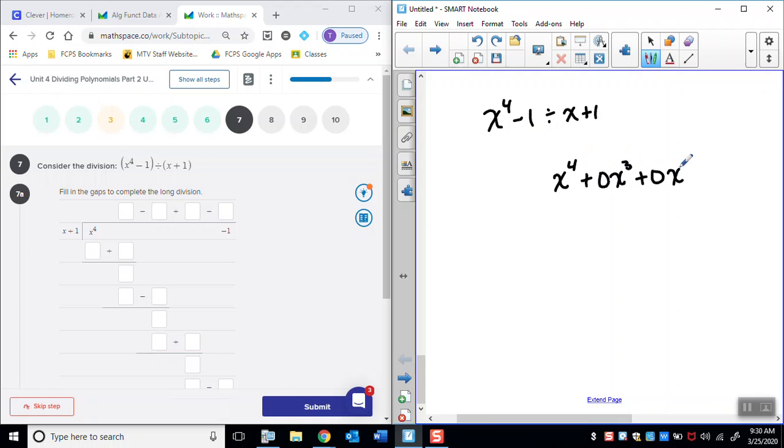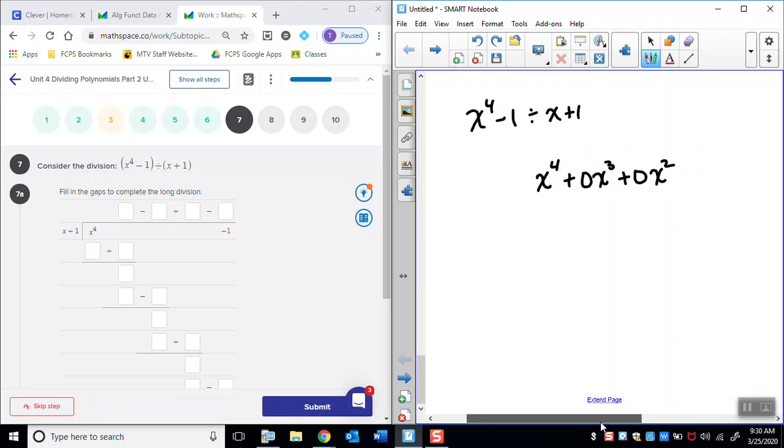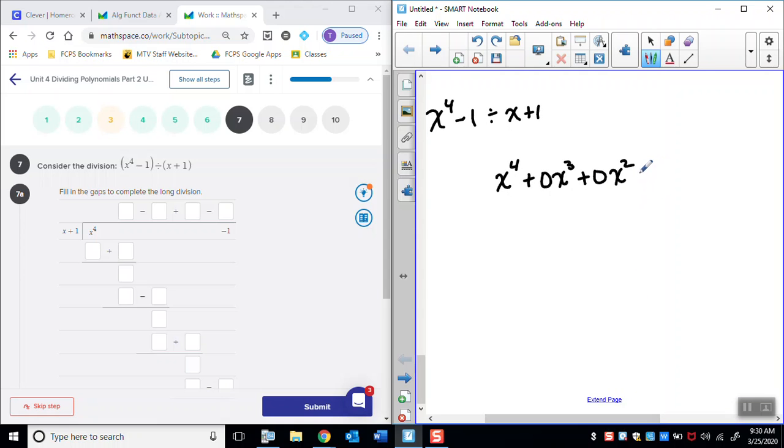We have an x squared term that is missing. We have an x term that is missing, and then we have the minus 1. So these are what's missing in here, the terms. So I'm just going to write those in by using a 0. And then I'm going to divide it by x plus 1.